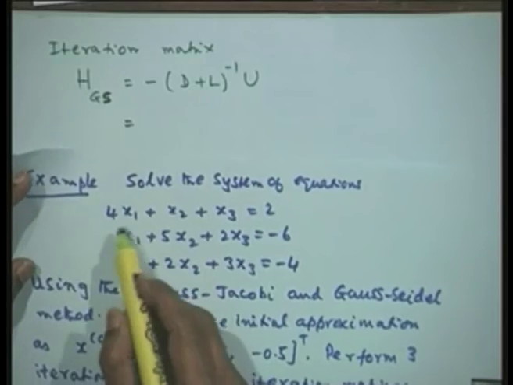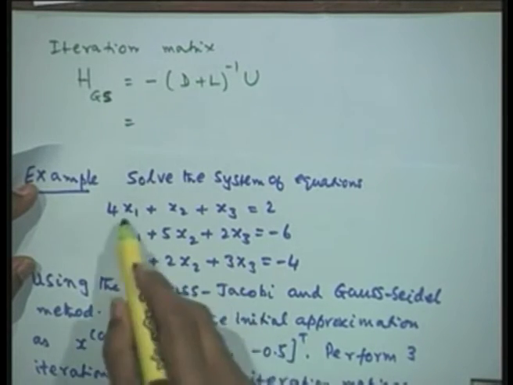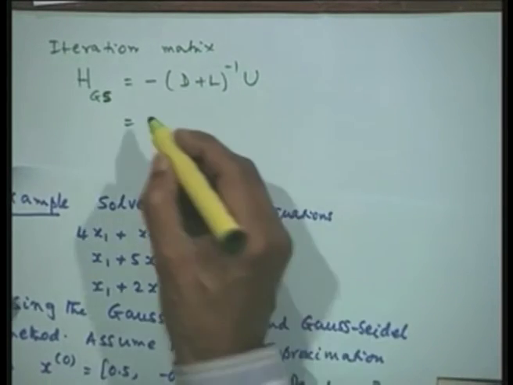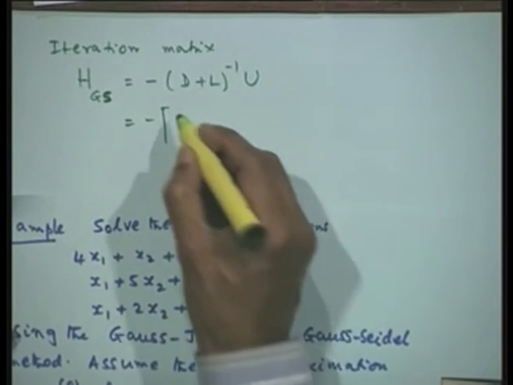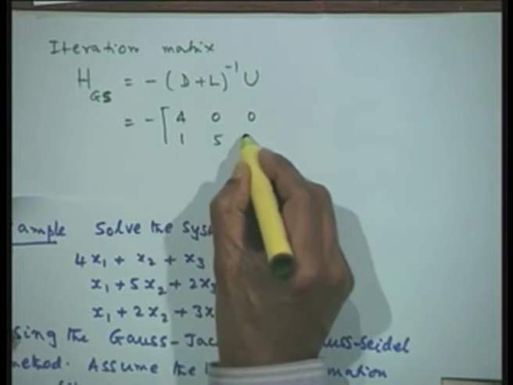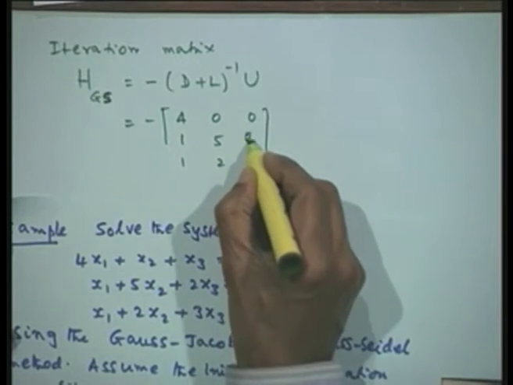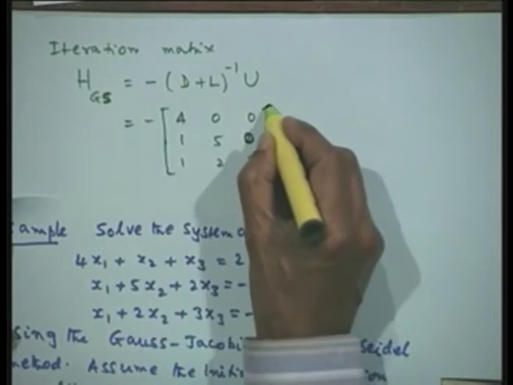let me just go back here and then write from here, our D plus L will be 4, 1, 5, 1, 2, 3. So that will be the D plus L part. That means I have here 4, 0, 0, 1, 5, 0, 2, 1, 3 inverse.